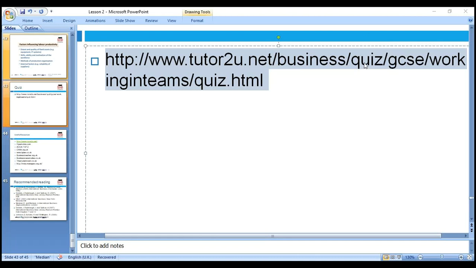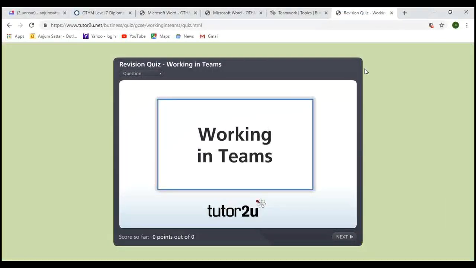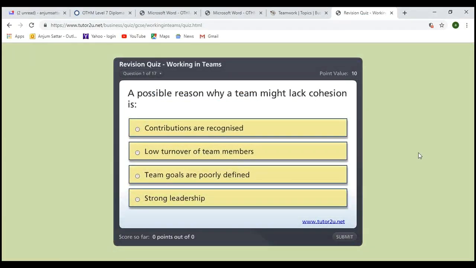Okay, it's not a quiz, it's just us developing understanding about the team. Can you see my screen now? I can see working in teams here. Yeah. We'll go through the first question.